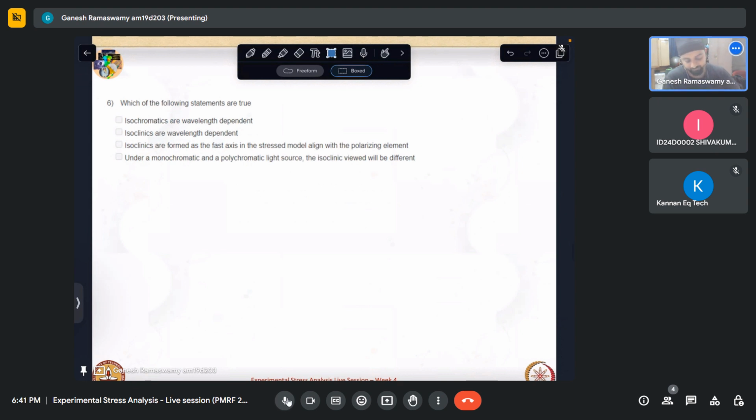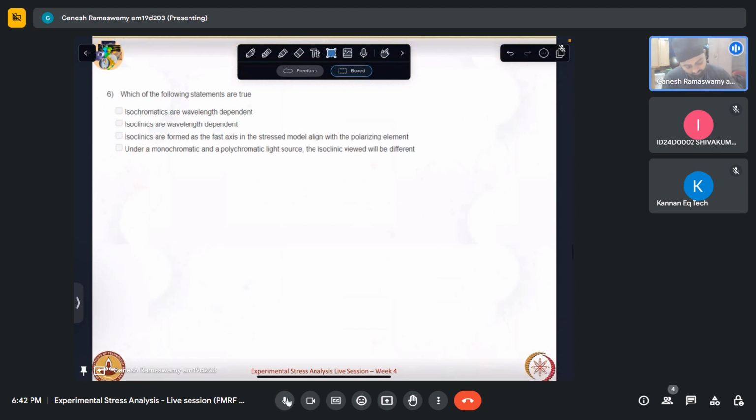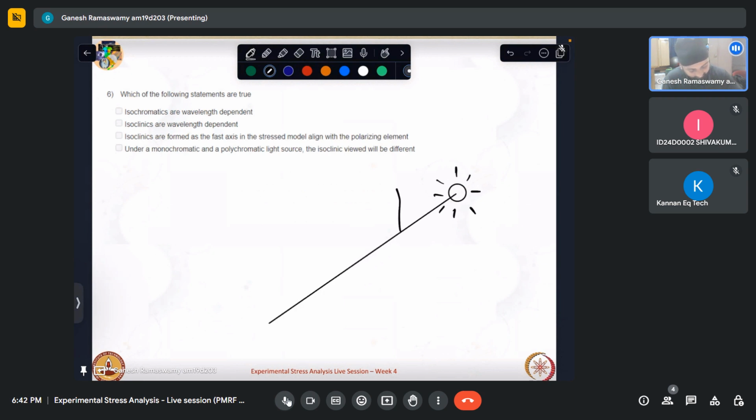Now, let us understand one thing. Let us say that there is a light source, and then I have a polarizer like that. And then I have a model here.